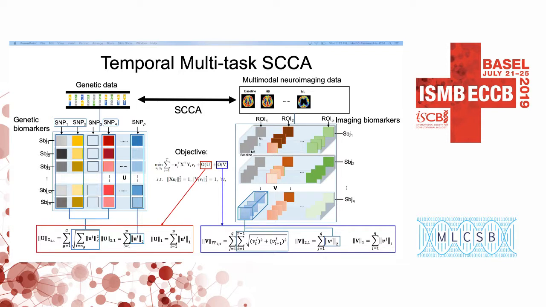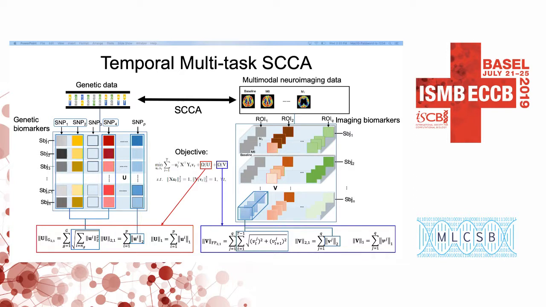On the imaging side, we also use temporal constraints, but they are slightly different from the constraints on the genetic side. Here we can see that we use an FP21 norm. This norm introduces smoothness between two successive time points for one ROI, because in our brain, the ROI changes gradually.